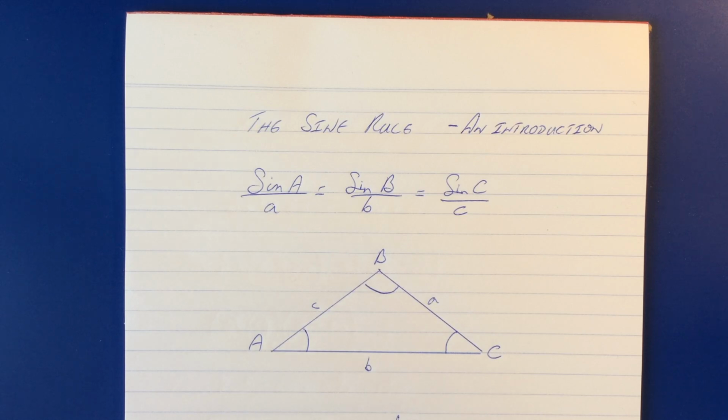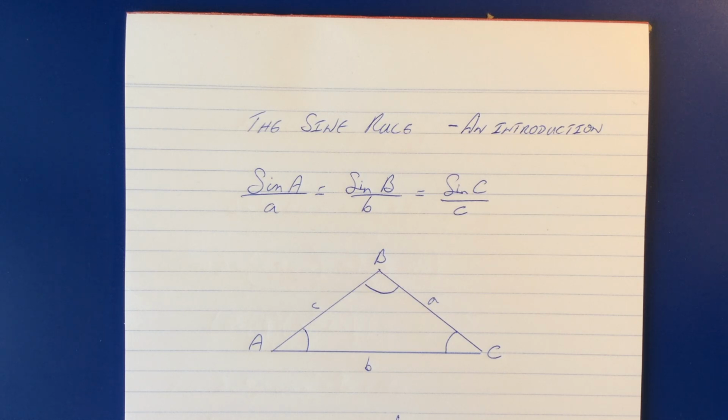It works for a substantial portion of them, and when it doesn't work, you can use the cosine rule, which exists. But we have to start somewhere, and we're going to start with the sine rule, because the sine rule only has one or two versions.